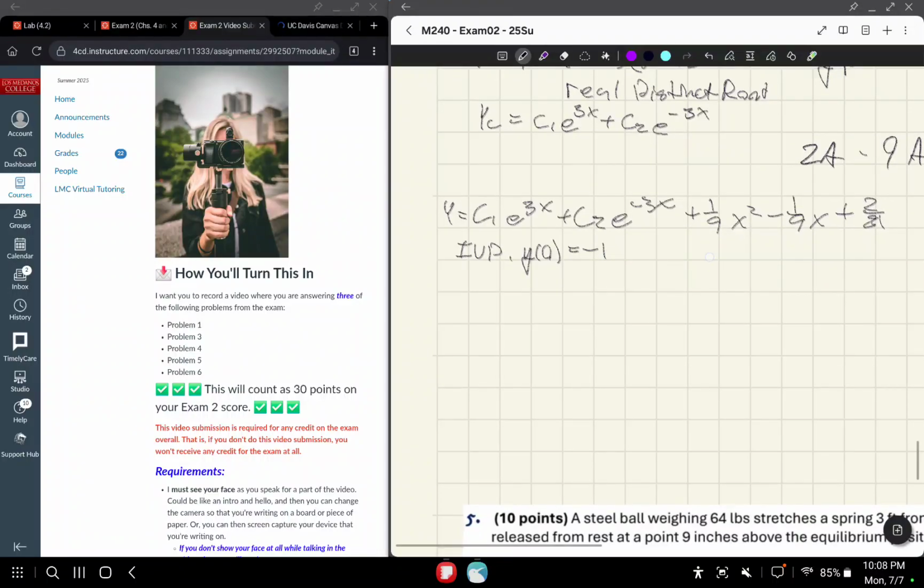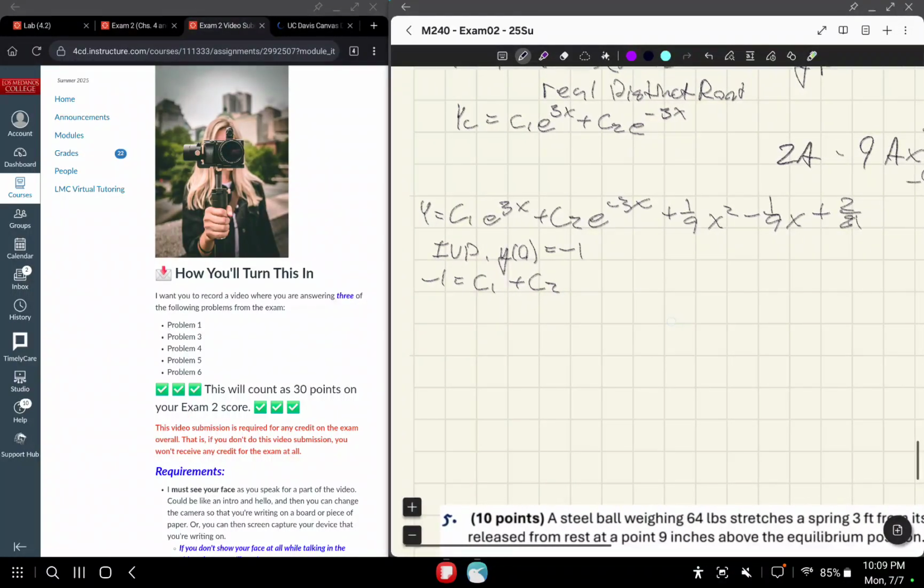Negative 1, so x is already 0, so negative 1 equals c1 e to the 0, which is c1, plus c2 plus 0 plus 0 plus 2 over 81.